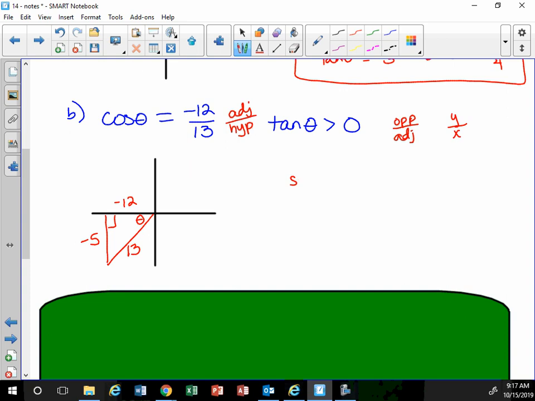Okay, then we set them up. Sine and theta. They gave me cosine, so I'll jump to tangent. Cosecant. So what's sine of theta going to be? -5/13. Good. What about tangent?